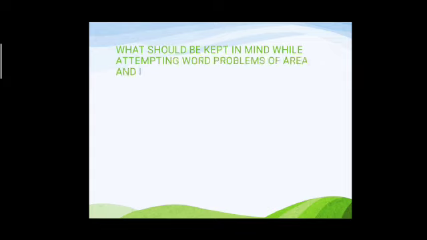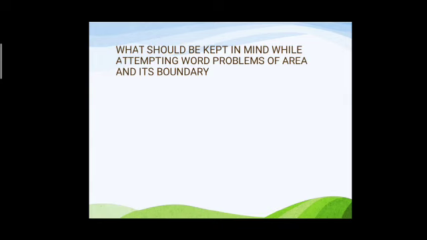Students, but we should keep some points in our mind while attempting the word problems of area and its boundary. In this chapter, you are basically dealing with area and perimeter of square and rectangle.